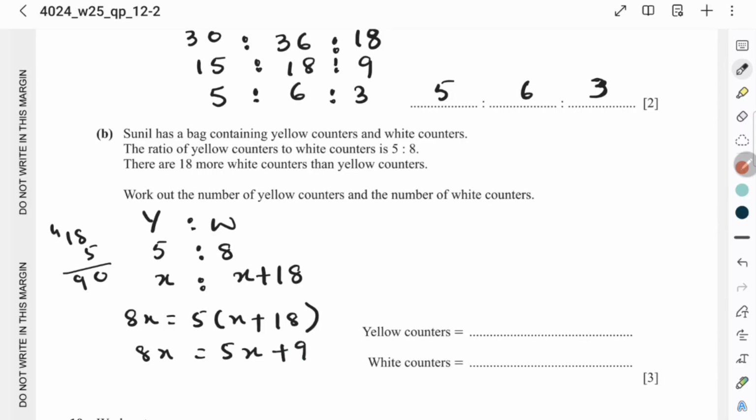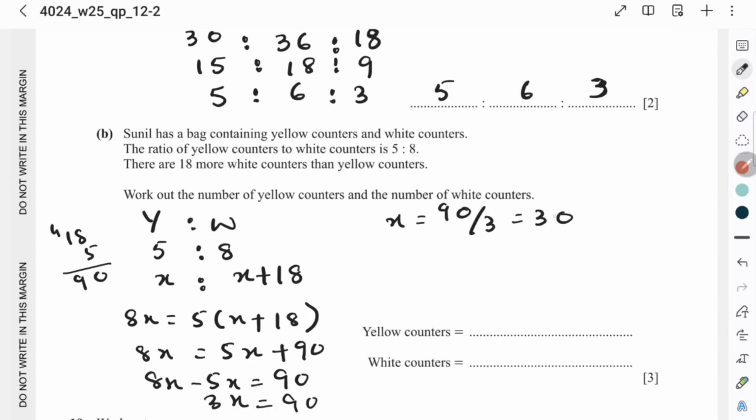So plus 90, and then 8x minus 5x is equal to 90, 3x is equal to 90, x is equal to 90 over 3, that is equal to 30. It means that the yellow counters will be 30, and the white counters are more.